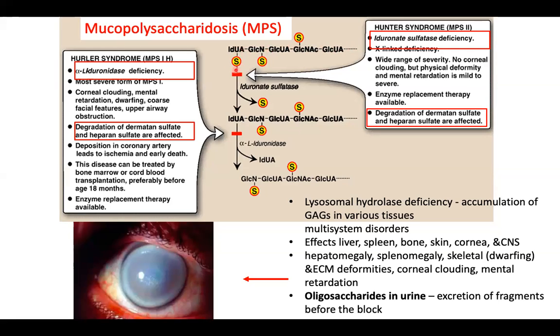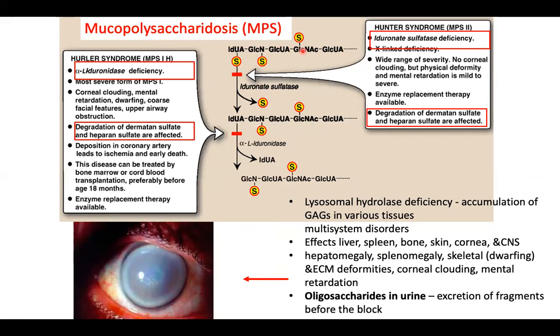One of the first steps in breaking down the GAG chain is that I need to remove this sulfur. If I can't remove this sulfur, then I cannot break down the rest of this chain. There's a specific enzyme called iduronate sulfatase, which is responsible for removing the sulfur from the iduronate so that the rest of the breakdown process can occur.